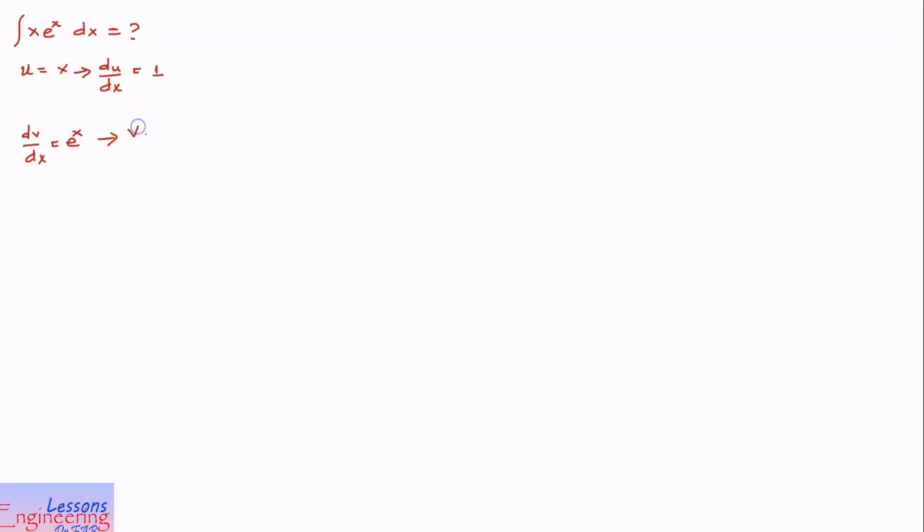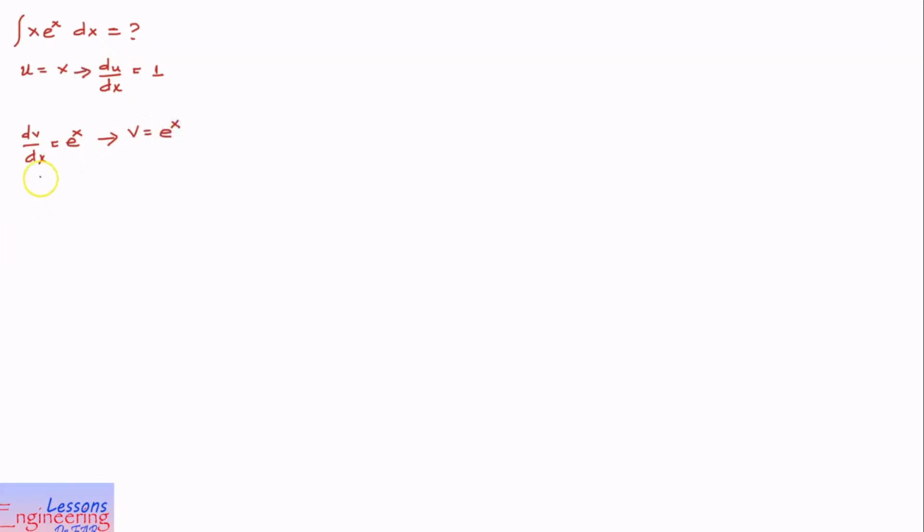So now, the integral of x times e raised to x dx. We assumed u to be x, therefore du by dx is 1, and we also assumed dv by dx to be e raised to x, so this will give us v to be e raised to x.